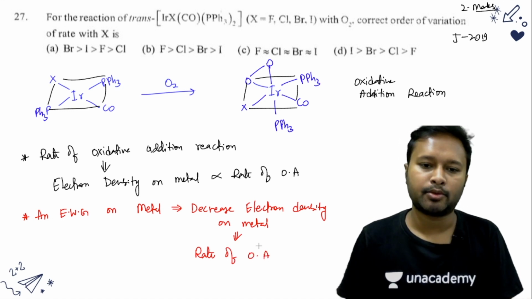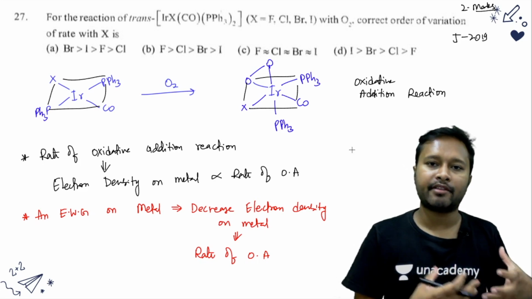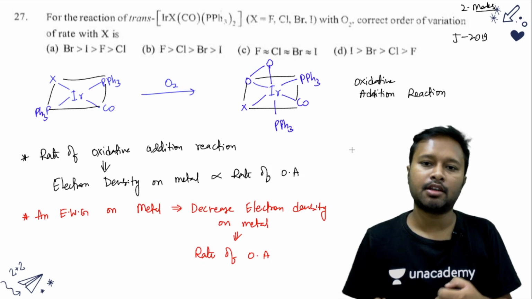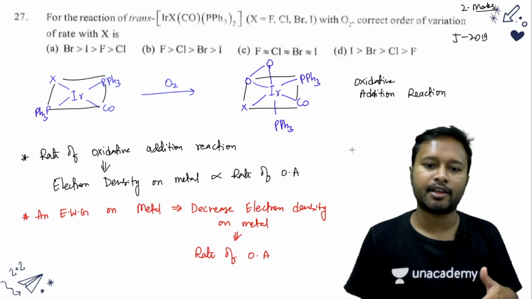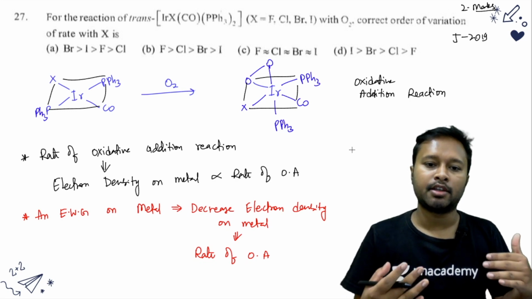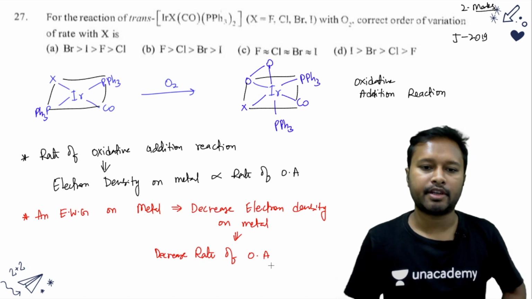So that is how the whole thing is related. The one with the highest electron withdrawing nature among the X's is going to decrease the electron density more, and it's going to decrease the rate of oxidative addition.